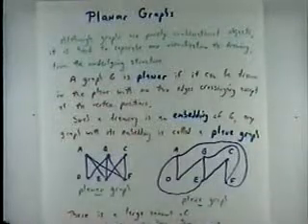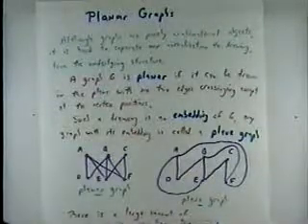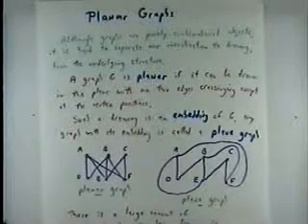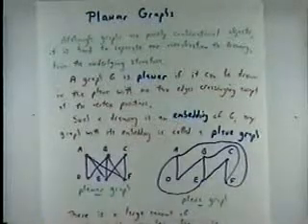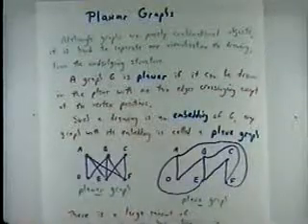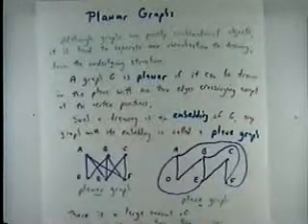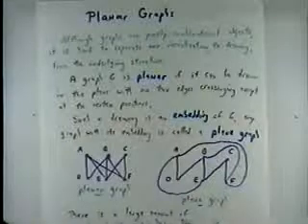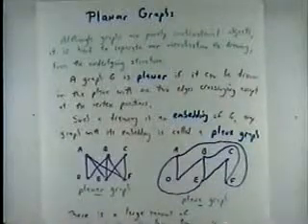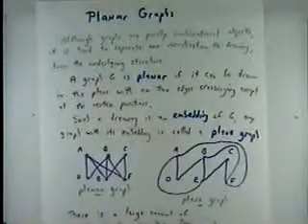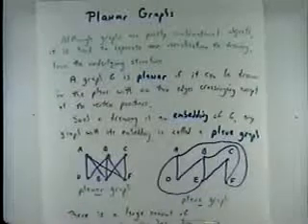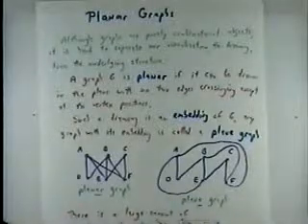So graphs really are combinatorial objects. I mean, just points and lines, or we can view them as sets of elements and sets of pairs of elements. But there's a separate problem, which is the problem of how to draw graphs.